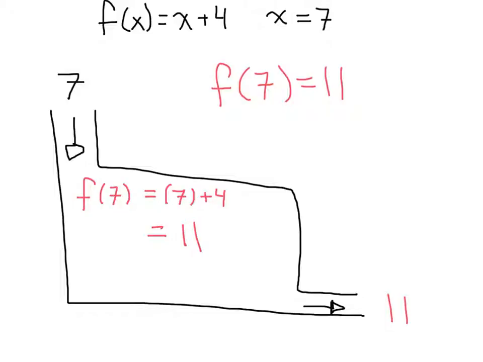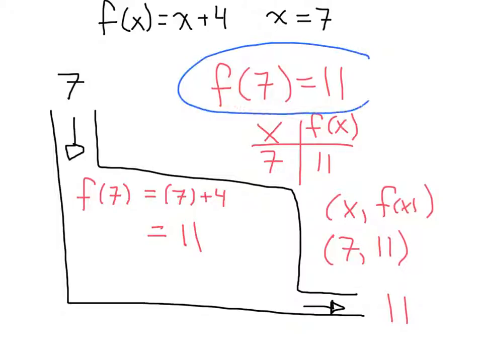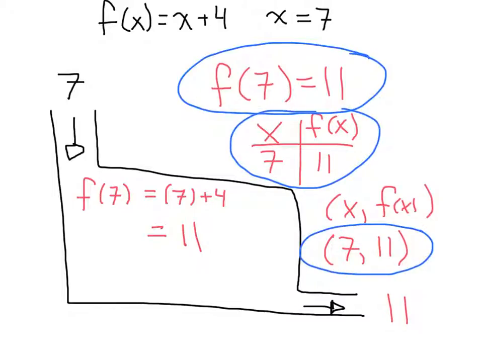It could also be written in a table. Input is x, the output is f of that x value, so it could be written like this. It can also be written as ordered pairs. So for the input of 7, the output is 11. So there's 3 different ways to list an input-output when you have a function.